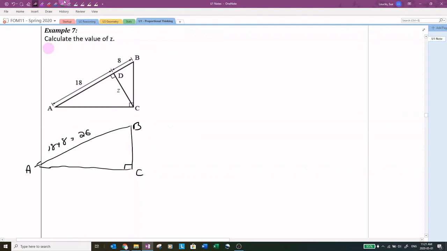Okay, and I'm going to color some of my angles here. Angle A is going to be the red. Okay, and angle B is going to be 2 green lines. All right, now I have another triangle. I could draw them in the same orientation if that's helpful to you.